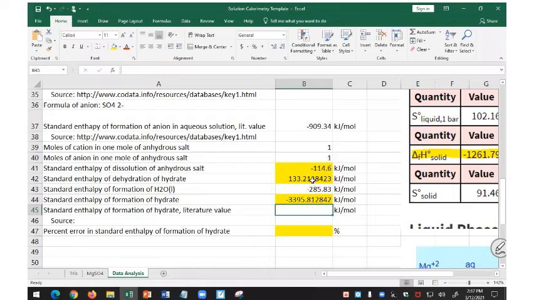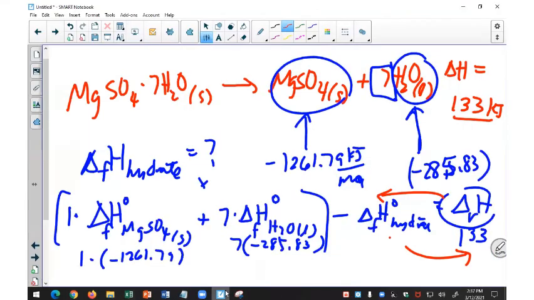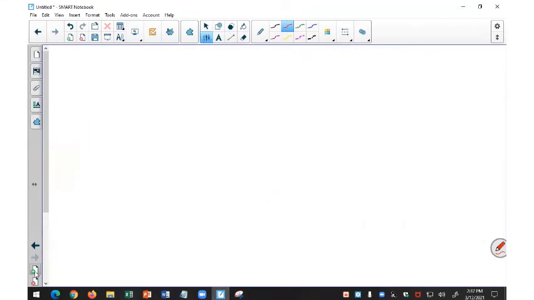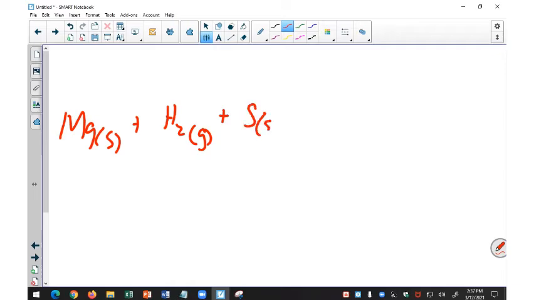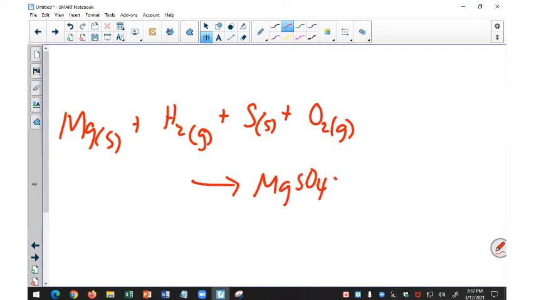Okay? And so what does that mean? What's that reaction? Actually, it's magnesium solid plus H2 gas plus sulfur solid plus oxygen gas gives you magnesium sulfate dot 7 H2O solid.